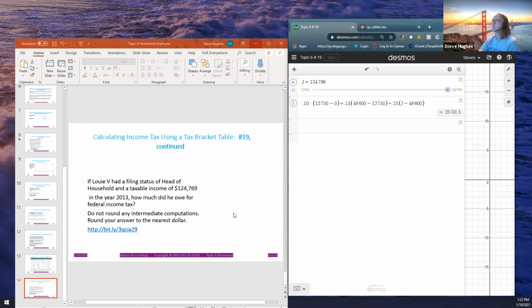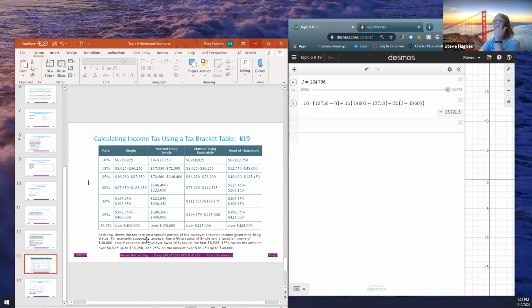Now, you guys could do this very easily for the other categories if you wanted to. Watch. I'm just going to choose another one, say single. Head of household means you have people who you are taking care of, dependents. Otherwise, you would be single. If I were single and I made 124,769, I'd have to go up to this category right here.